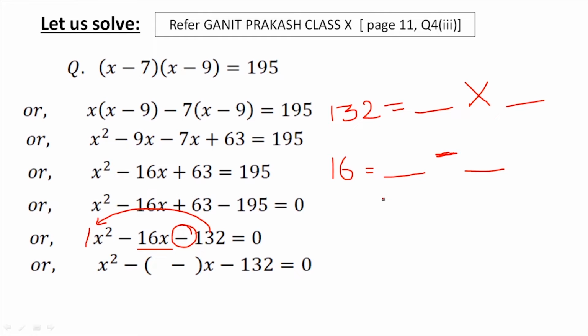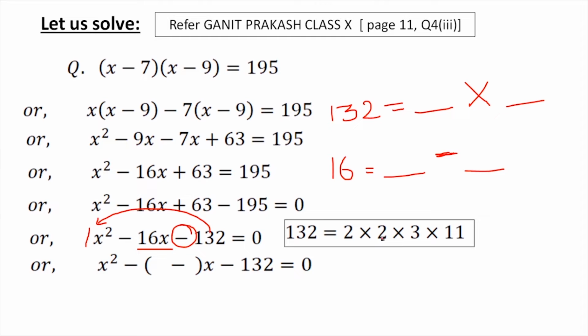So what we will do in this case is see the factors of 132, and make combinations of numbers. The factors of 132 are 2 into 2 into 3 into 11, so when you multiply all of these numbers, you'll get 132.